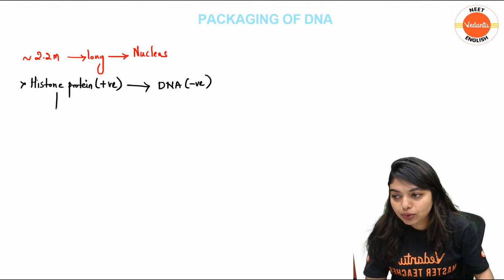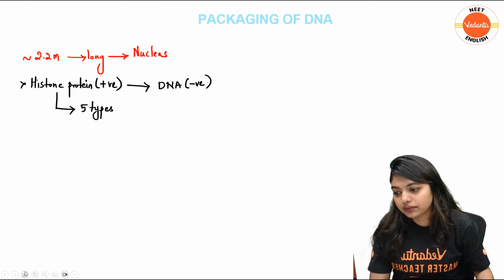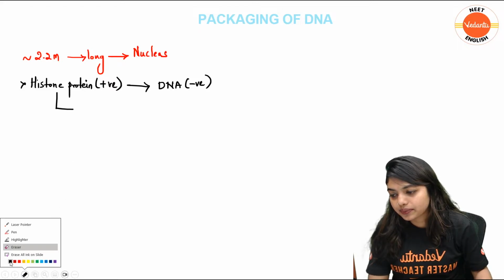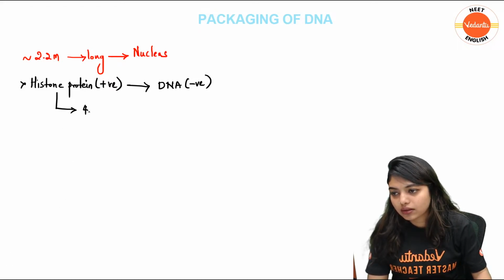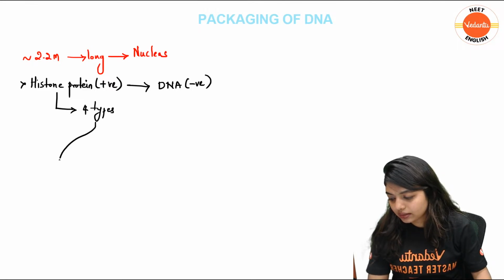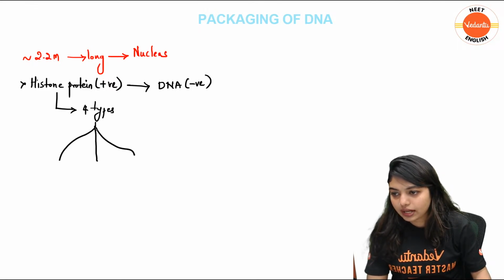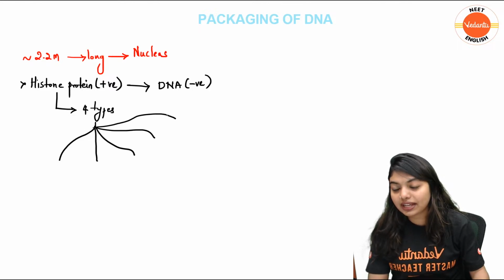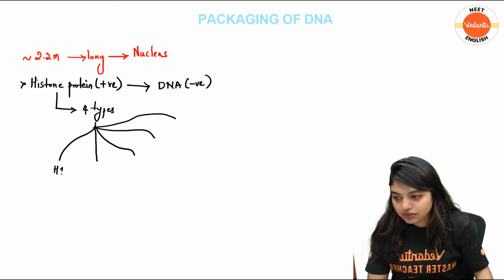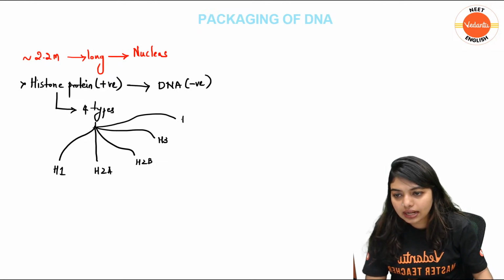Students, histone proteins are of 5 types. We can also say 4 types. I will tell you why I said 5. We start with H1 protein, H2A, H2B, H3 and H4.